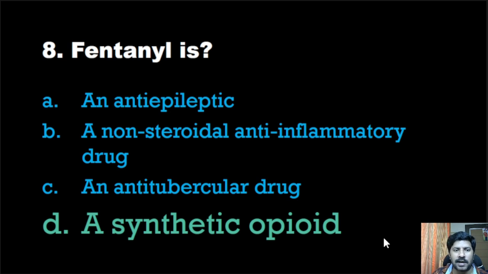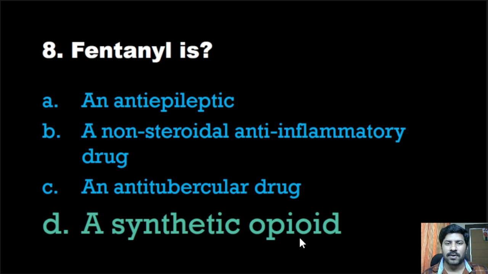Because if fentanyl is overused, there is a chance of getting respiratory depression. So that is why it should be used under controlled area only. And I told you it is a synthetic opioid, that is man-made opioid.